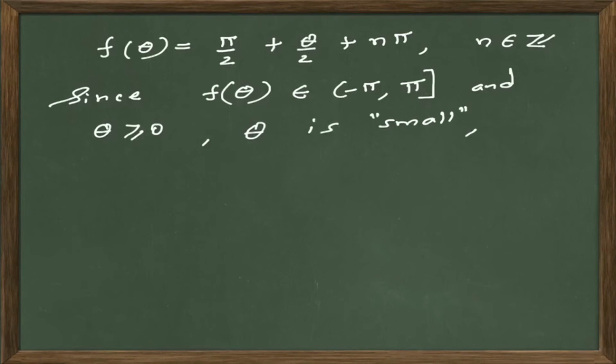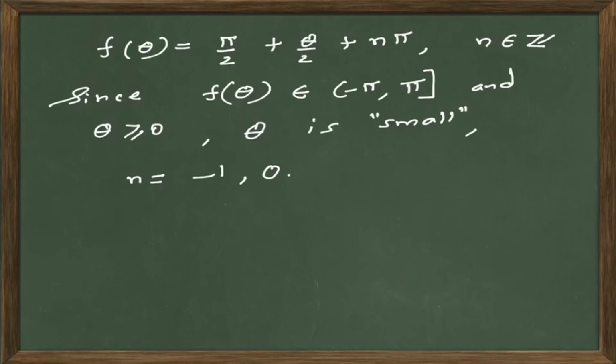This implies that the possible values of n can be either -1 or 0, because for other values of n, f of theta will not be in the required range.